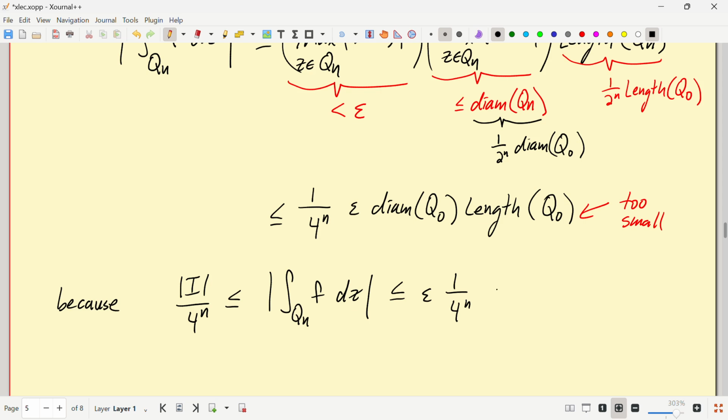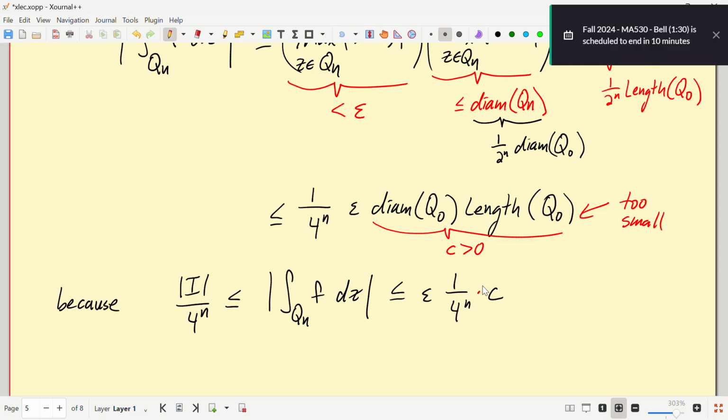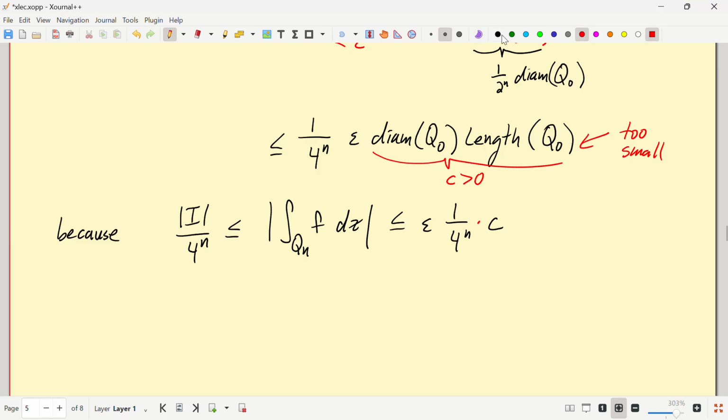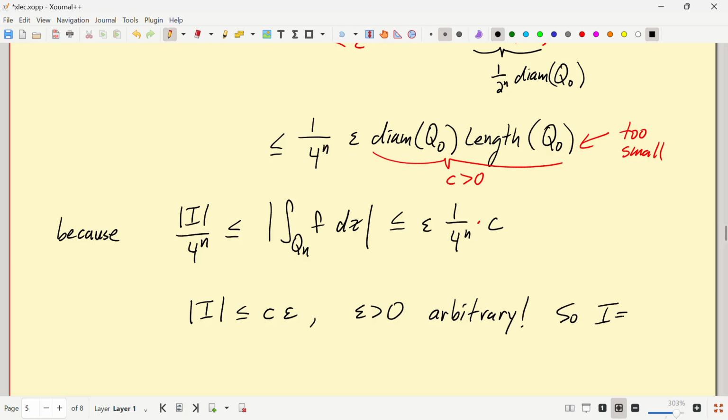Let's call this thing C. Okay, and epsilon is arbitrary. So let's see, I can cancel out the 4 to the n's, and I get that I is less than or equal to C times epsilon. And C is a fixed thing. Epsilon bigger than 0 is totally arbitrary. So we see that I, the integral, has to be 0.